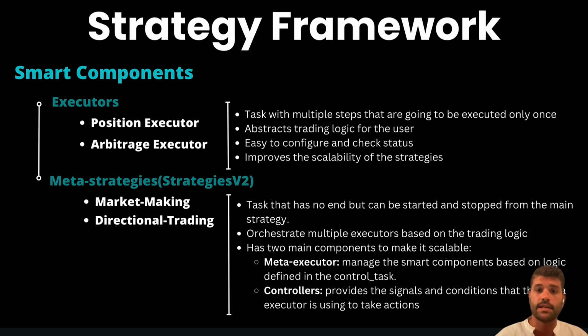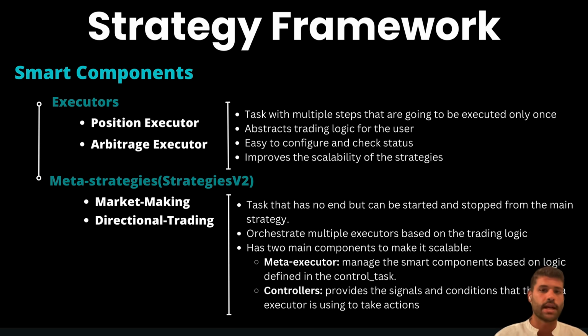The good thing is that it is easy to configure, because you just need to create the object and say in the configuration which are the things that you want. And the other cool thing is that it improves the scalability of the strategies, because imagine that you are writing a strategy and then you want to change something or create 2 orders instead of 1.